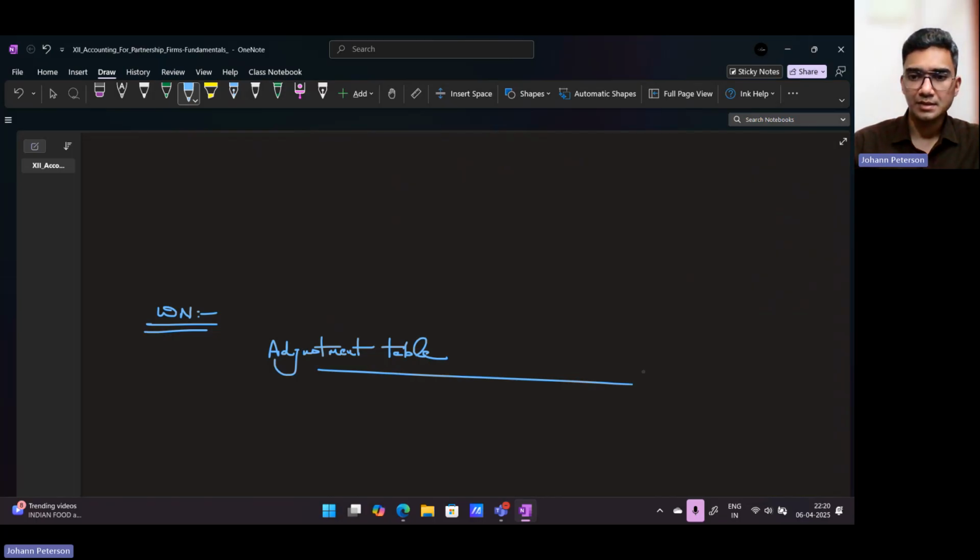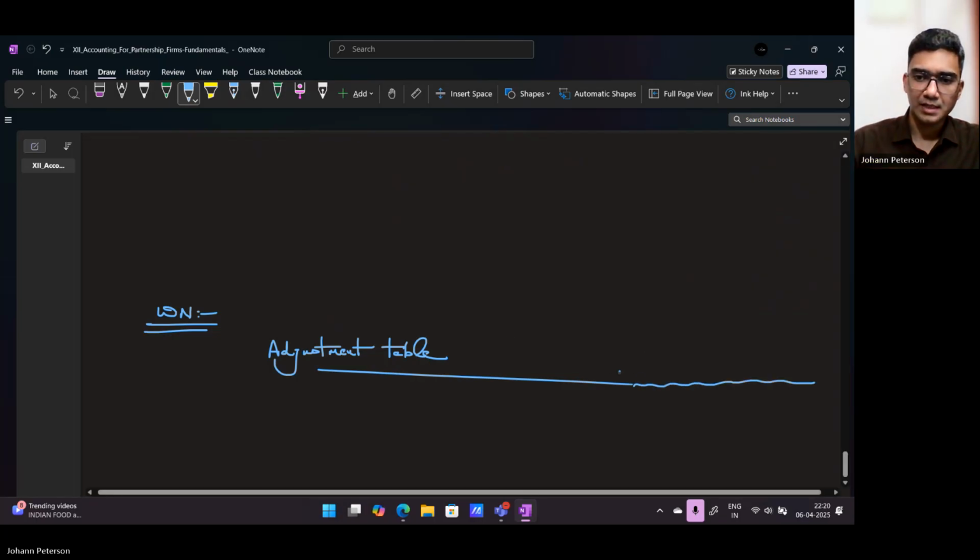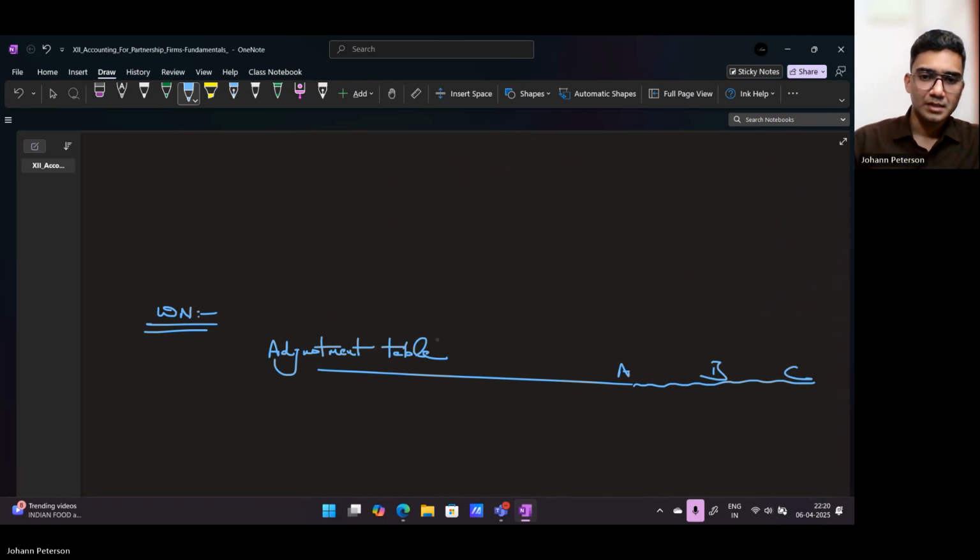Since we have three partners in this question, we will name all of these as their names are given, A, B, and C. In this table, we are going to always think in terms of the partner's capital account.